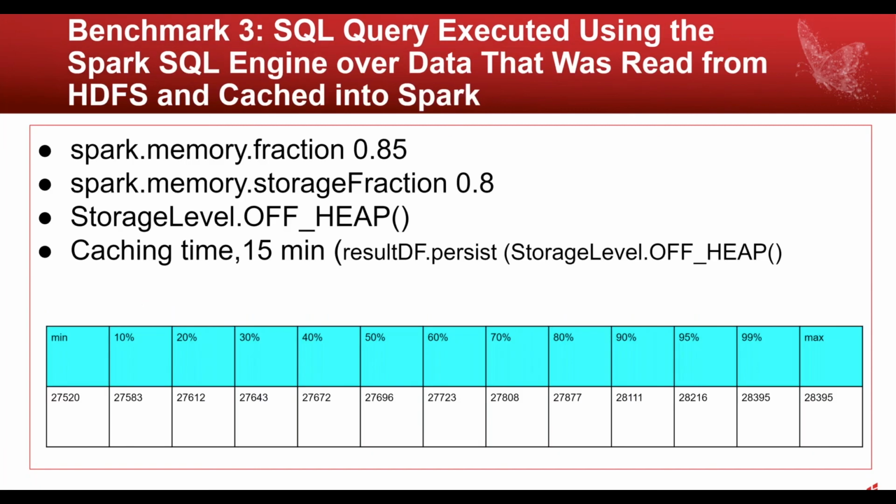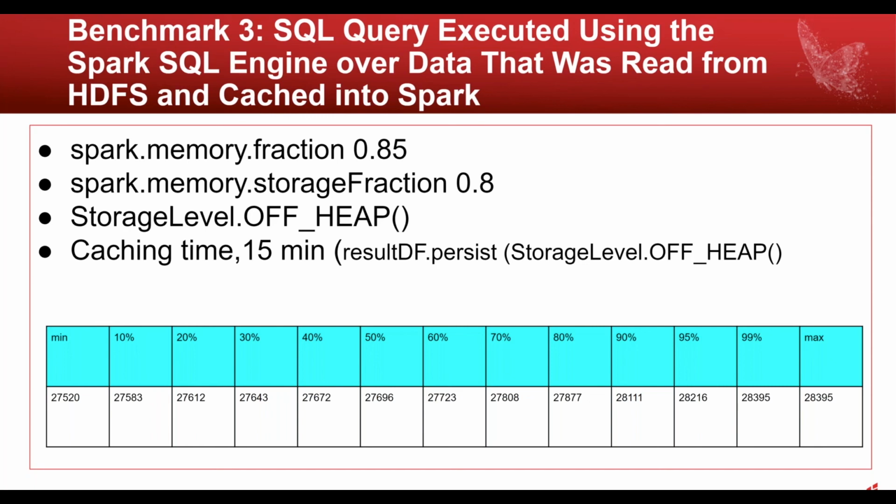Next example, when we persist the data in the Spark off-heap. In this case, we create off-heap, and it was a storage for the data, and also we increase the memory fraction. Yeah, and a lot of data can be evicted. You can see from these properties, and you see these results.